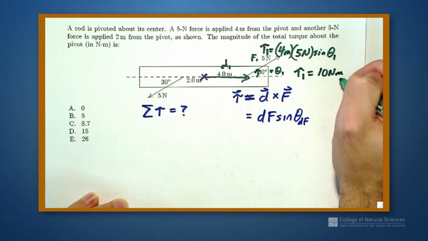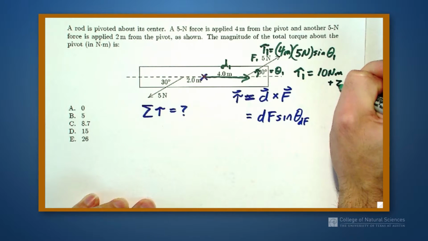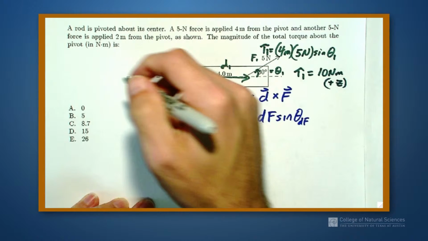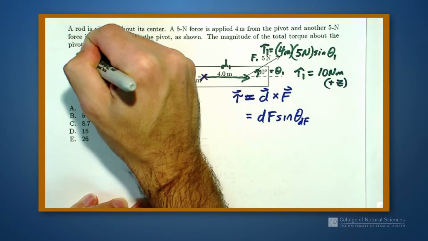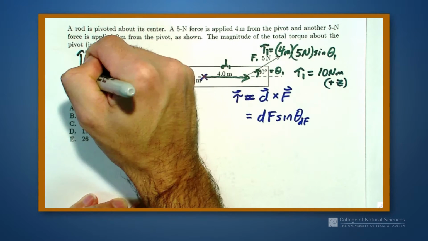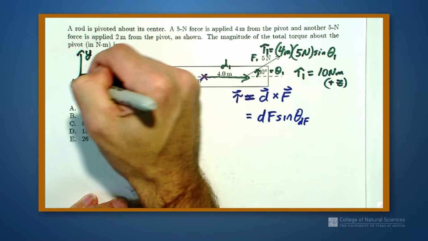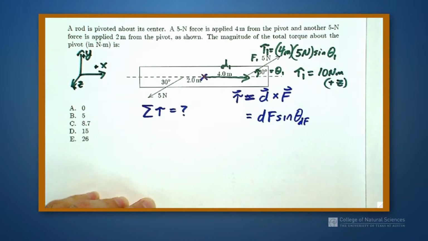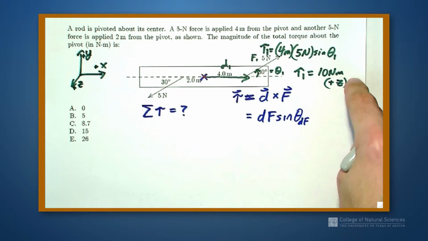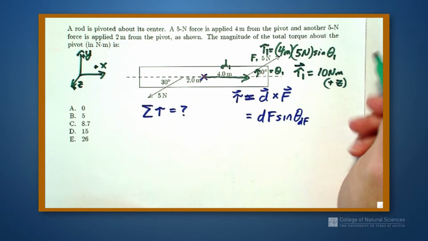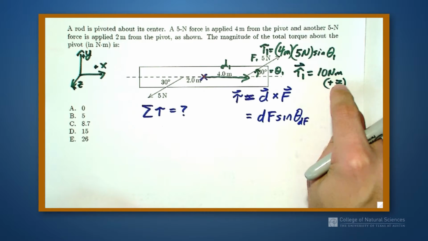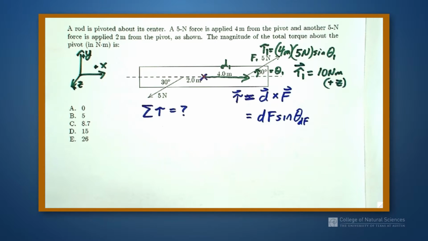So I'm going to say this is in the positive Z direction. X, Y, and Z comes out of the page at us. Positive X, positive Y, positive Z. So when I add my torque vectors, I make sure that it's in the positive Z direction.